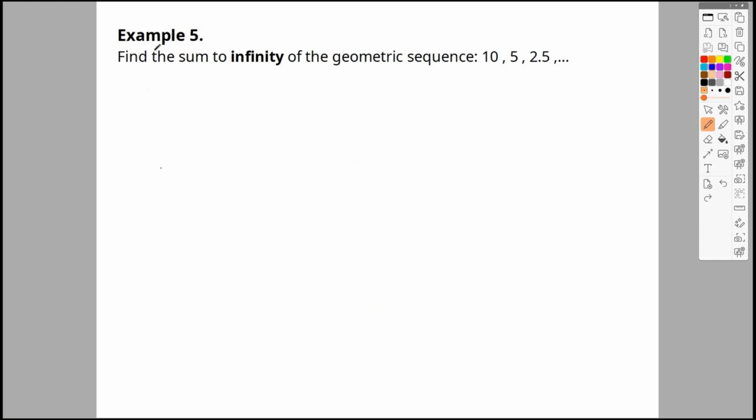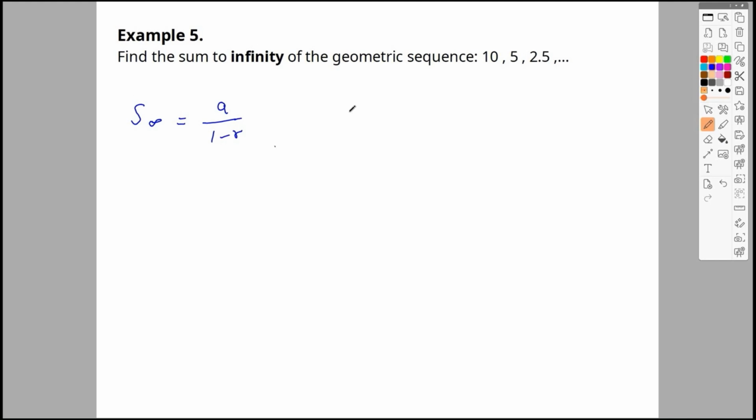Example 5: find the sum to infinity of the geometric sequence 10, 5, 2.5, etc. So let's write the formula. We have S infinity equals a over 1 minus r.